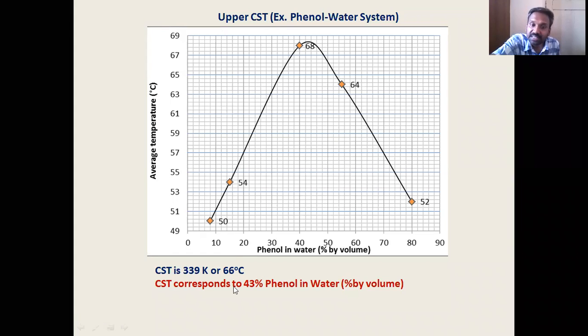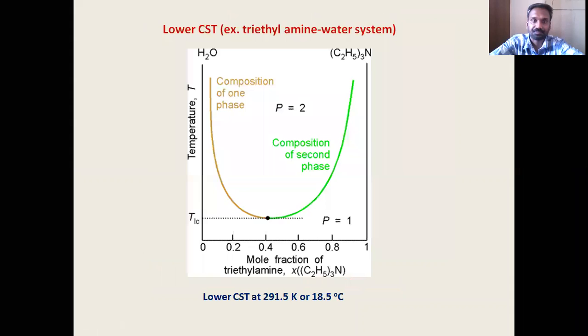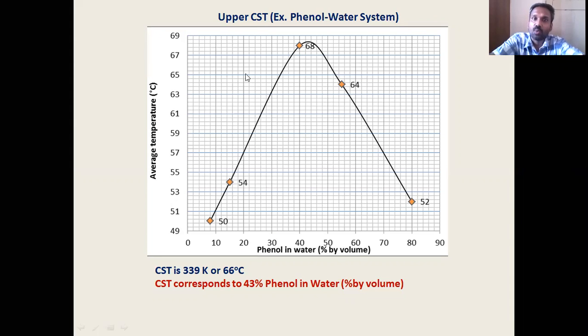Below 66 degrees Celsius, it depends on the composition. Few compositions are miscible, few compositions are immiscible. But above 66 degrees Celsius, all compositions are miscible. That is the significance of critical solution temperature.